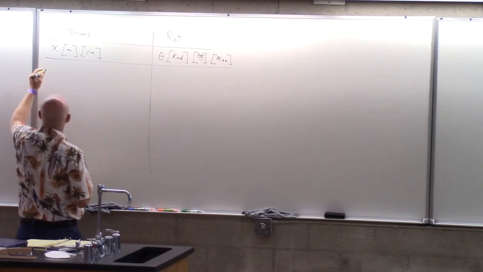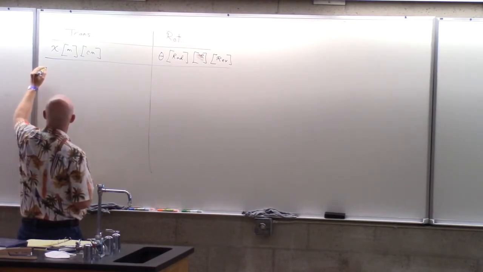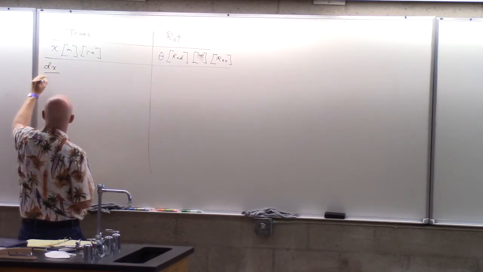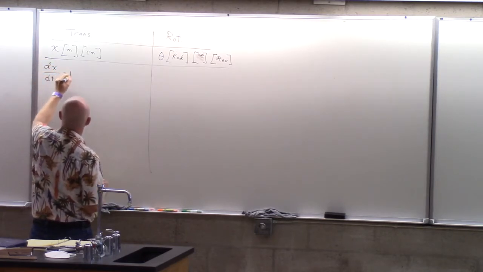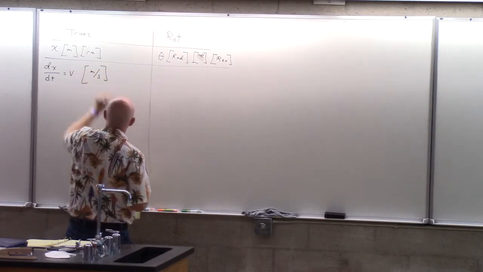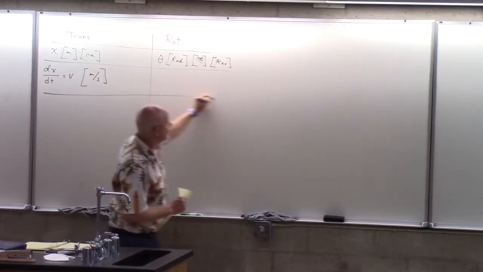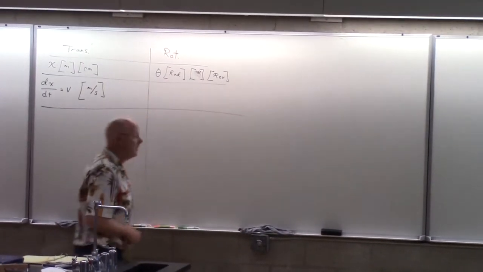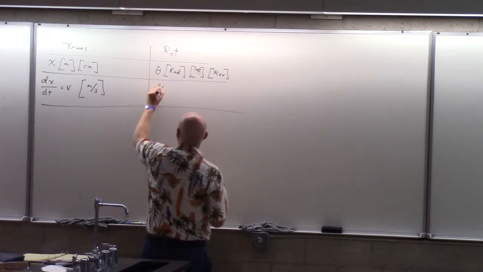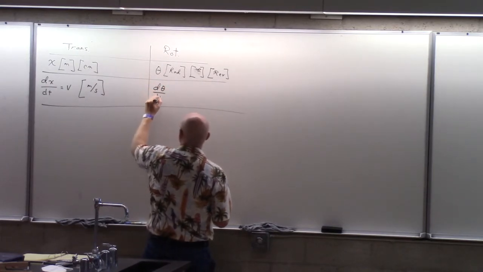Because when we started doing our kinematics, we then said, at what rate does the position change? We called that a velocity. We, of course, measured that in meters per second or centimeters per second. But we can do the same thing and say, how does our angle change with time?